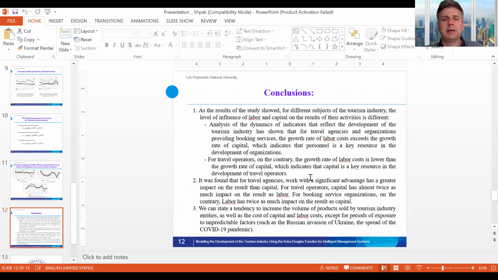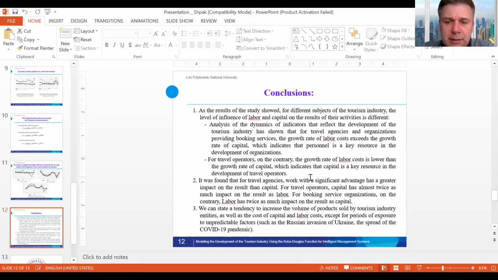So here are some of the conclusions of our research. As a result of the study, we found out that for different subjects of the tourist industry, the level of influence of labor and capital on the results of activities is different.